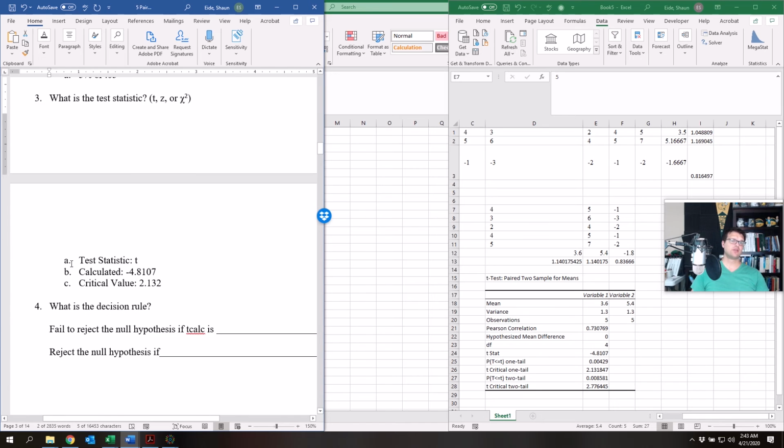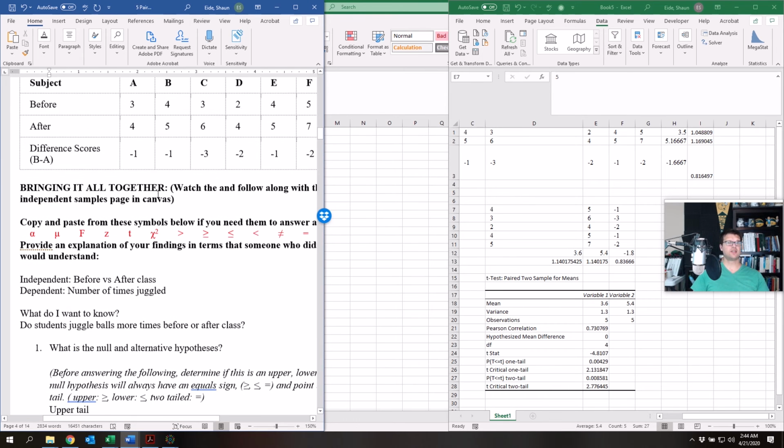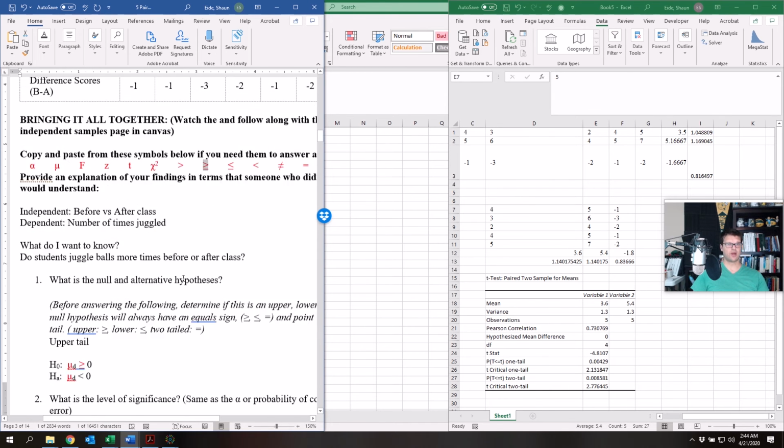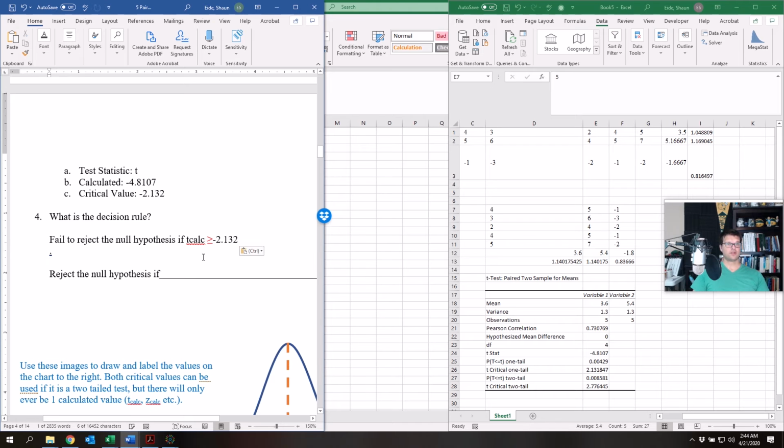So I'm glad that we had this opportunity to look at this and say, okay, the critical value is actually going to be a negative 2.132. The calculated value is going to be a negative 4.8107. And so we are going to fail to reject the null hypothesis if tcalc is greater than or equal to negative 2.132.